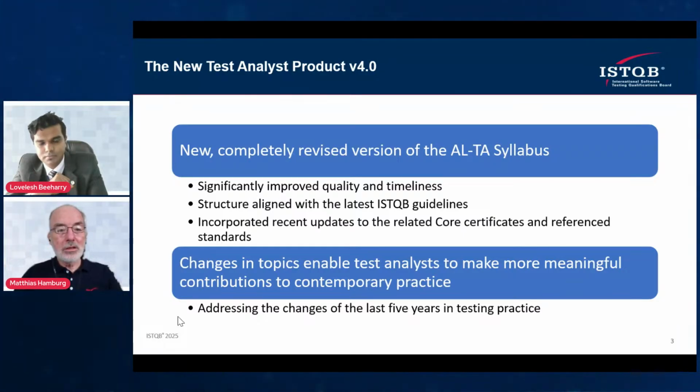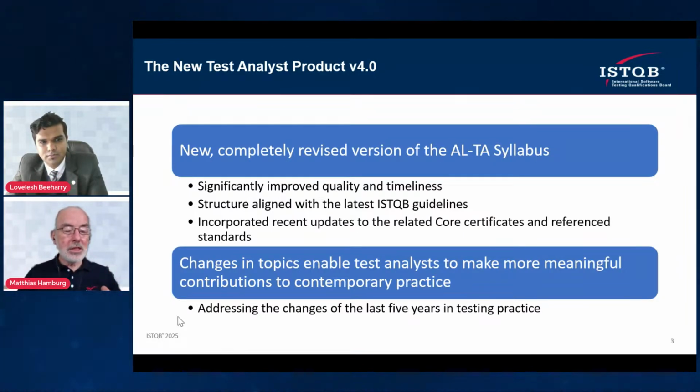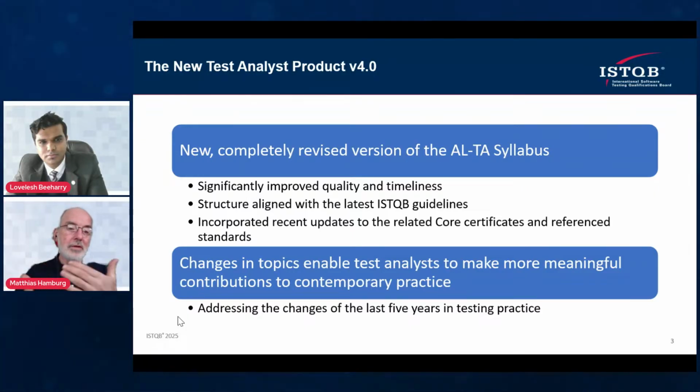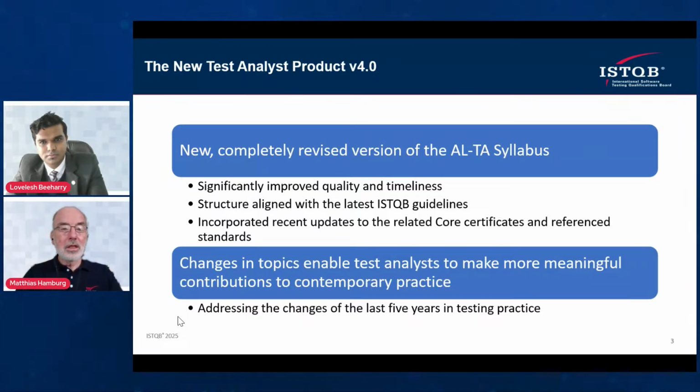And actually, you might know that international standards are revising their scope and revising whether they need a new product version every 5 years. And so we started in time to get a new version ready within 5 years.